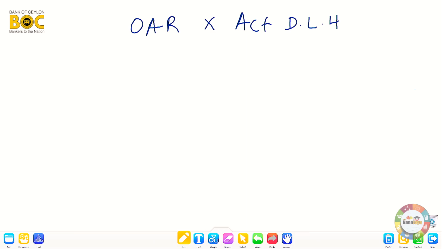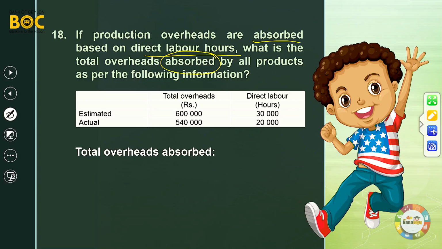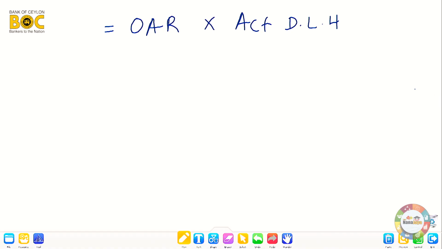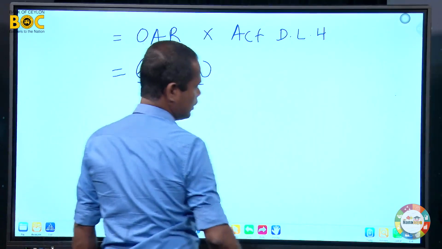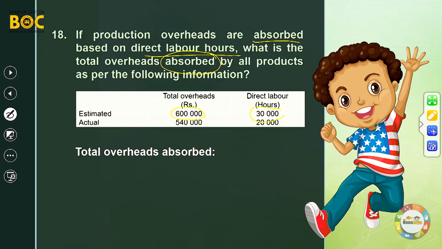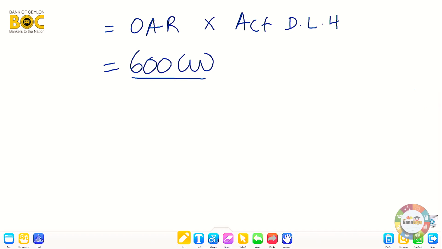This is how you calculate overhead absorbed: overhead absorption rate into actual direct labor hours. The absorption rate we calculate using estimated, that is budgeted, details. Here you have 600,000 divided by 30,000. The 600,000 is the budgeted overheads, and the budgeted labor hours are 30,000.